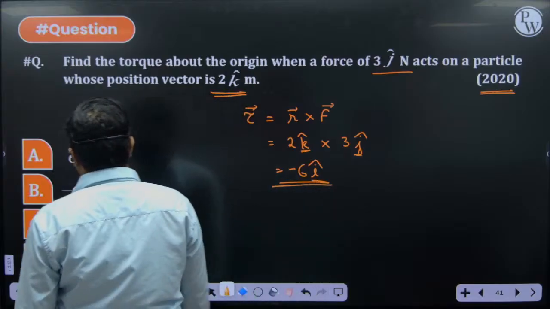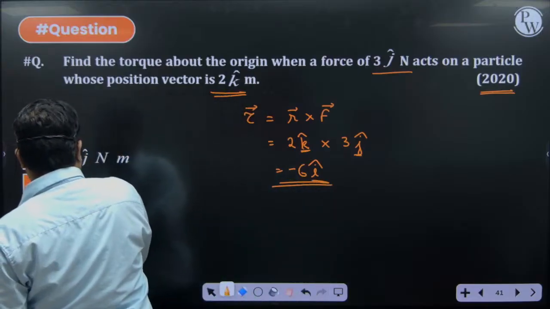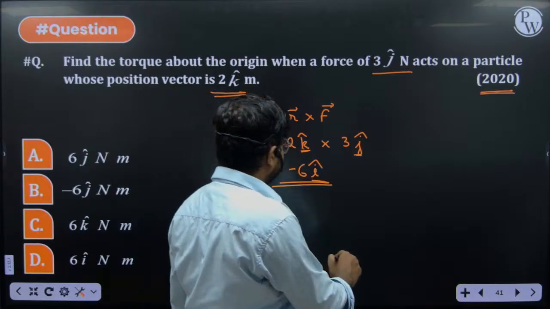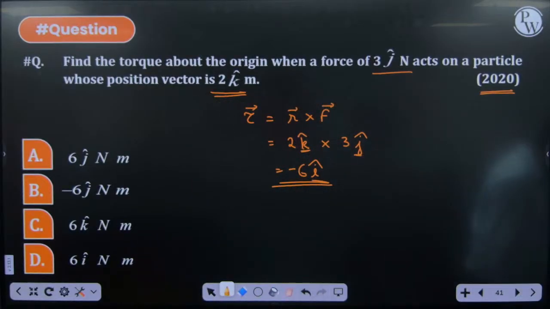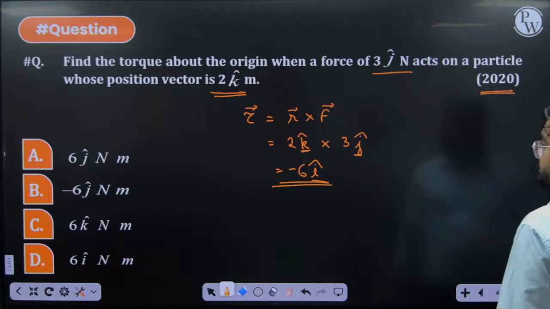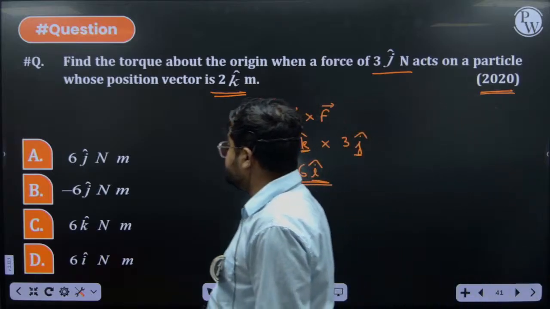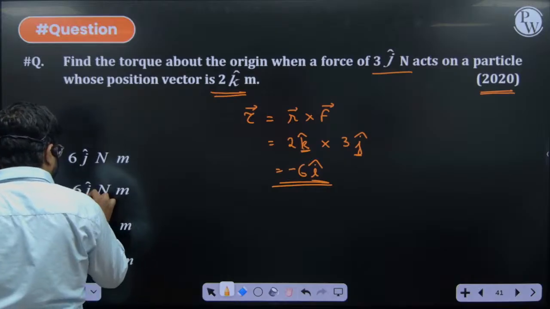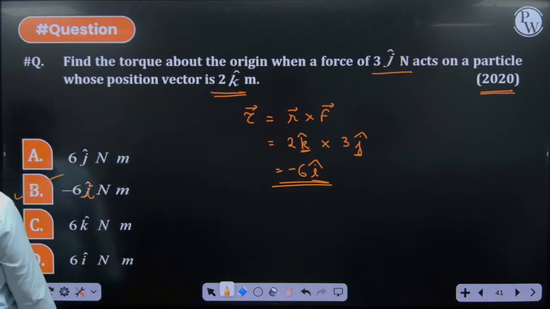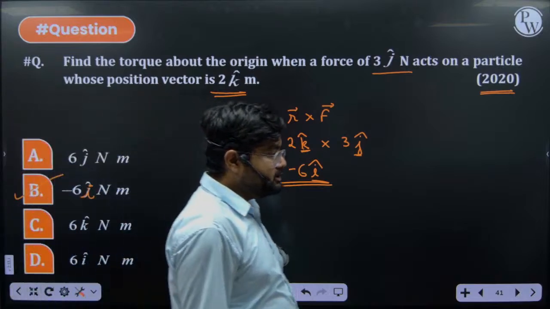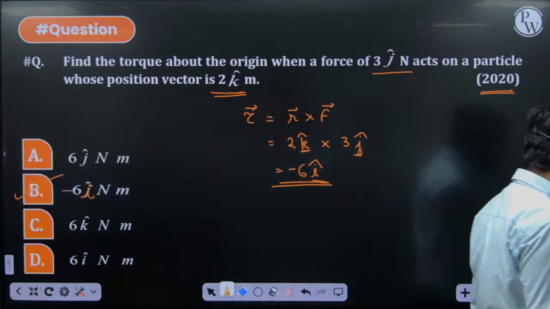So the answer comes out as, must be a printing mistake. This is supposed to be I cap. It's a printing mistake, and the answer here is option B, minus 6 I cap.